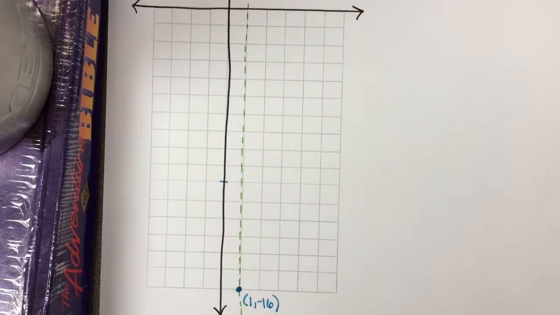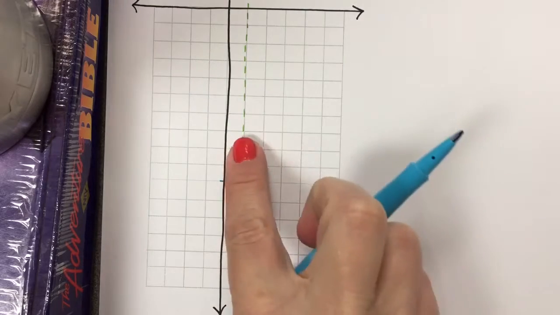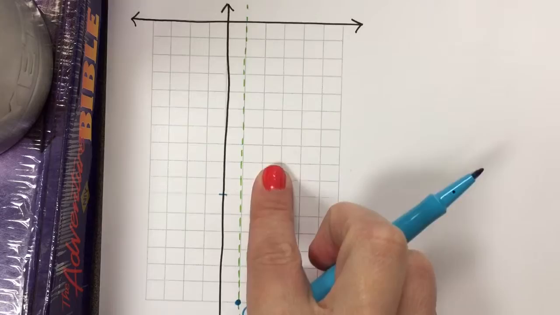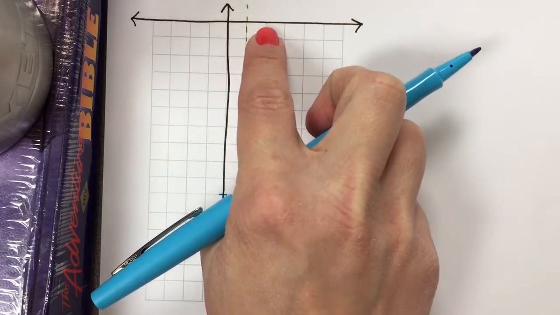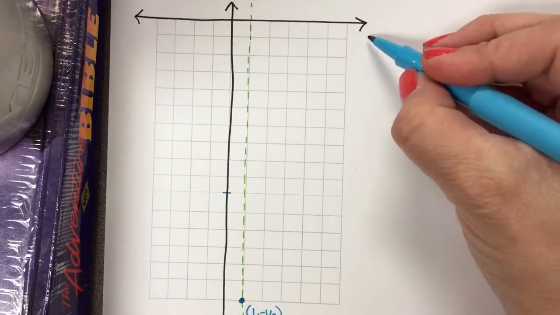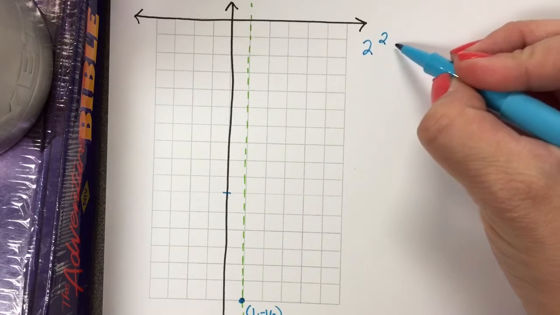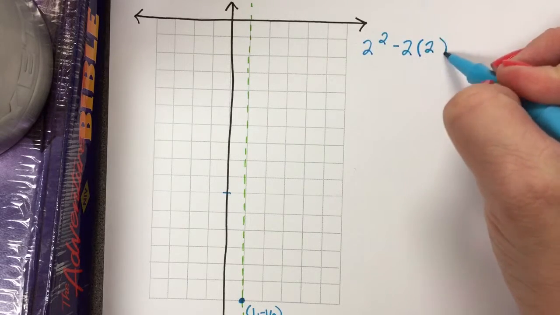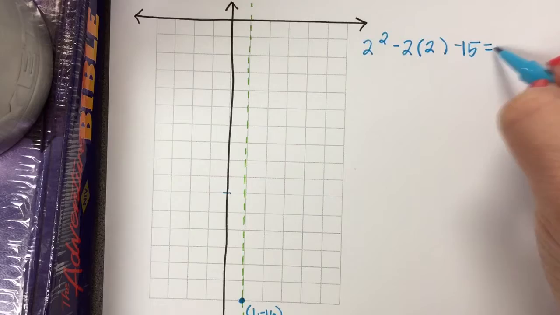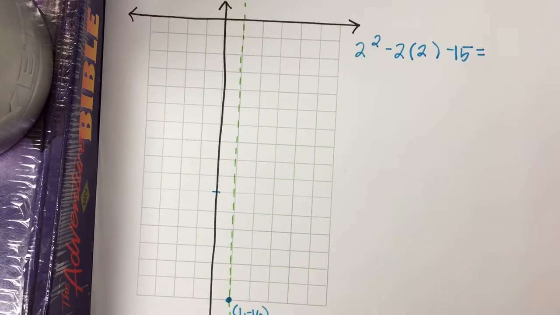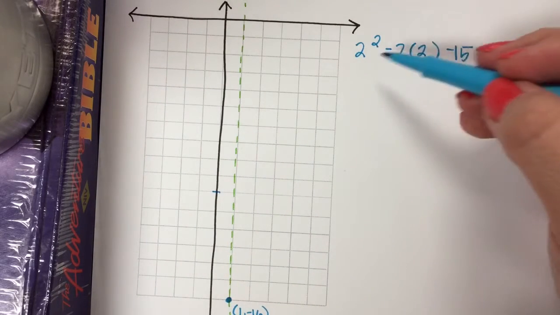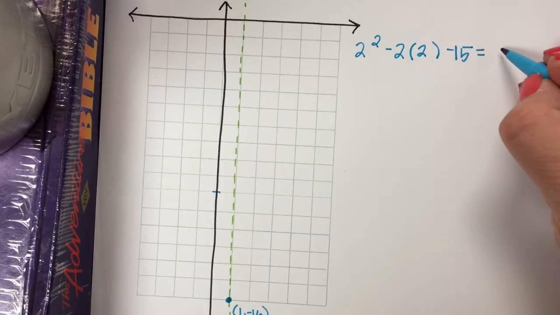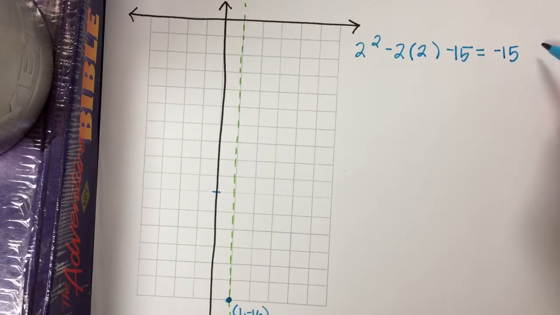That's my vertex. To figure out the next points in the parabola, I'm going to pick one to the right of my axis of symmetry, so that has an x value of 2. I plug 2 into my equation: 2 squared minus 2 times 2 minus 15. I'll spare you the math details, but it's 4 minus 4 is 0, minus 15 is negative 15.